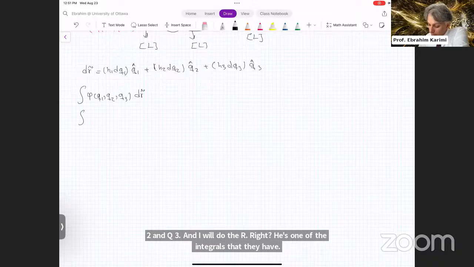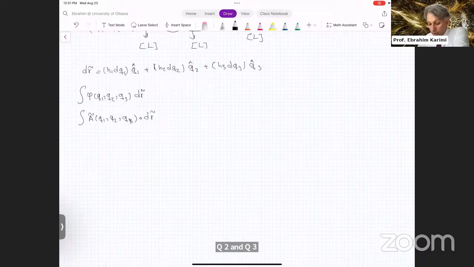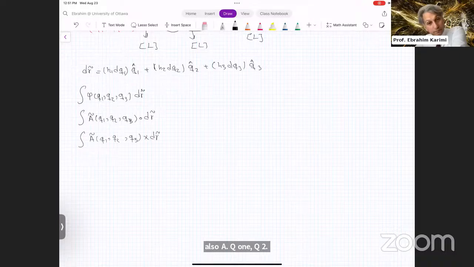The other integral that I have is an arbitrary vector A, which is a function of Q1, Q2, and Q3. I will do the dot product with dr. Do you agree? I will do also A(Q1, Q2, Q3) cross product with dr. So these are the three integrals that I may face.